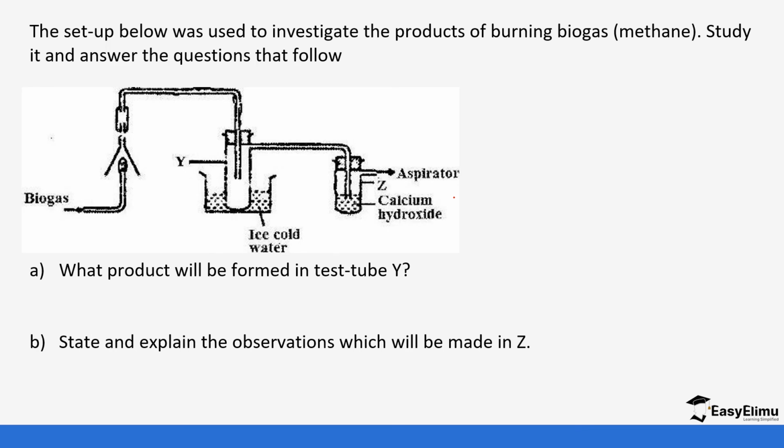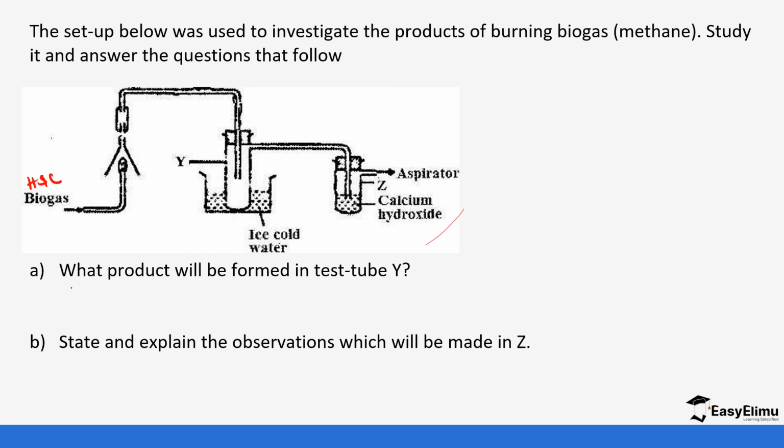So let's do one question or two in regards to what we have discussed. The setup below was used to investigate the products of burning biogas or methane. Study it and answer the questions that follow. What product would be formed in test tube Y? State and explain the observations which are made in Z. First of all, biogas is a compound of hydrogen and carbon.